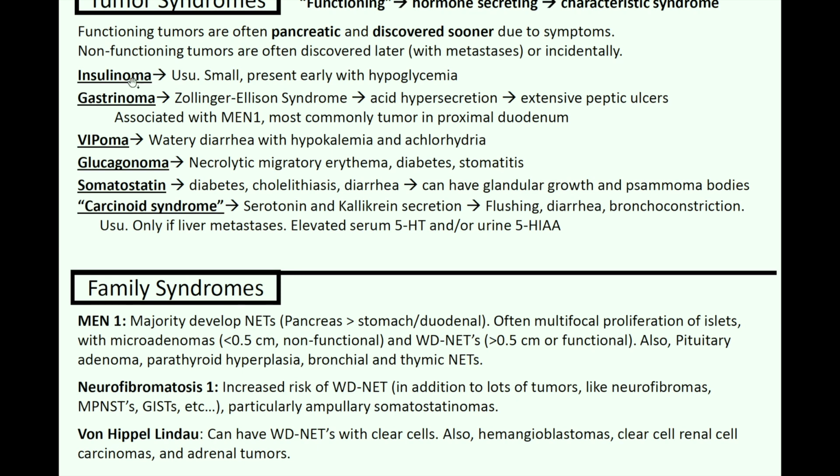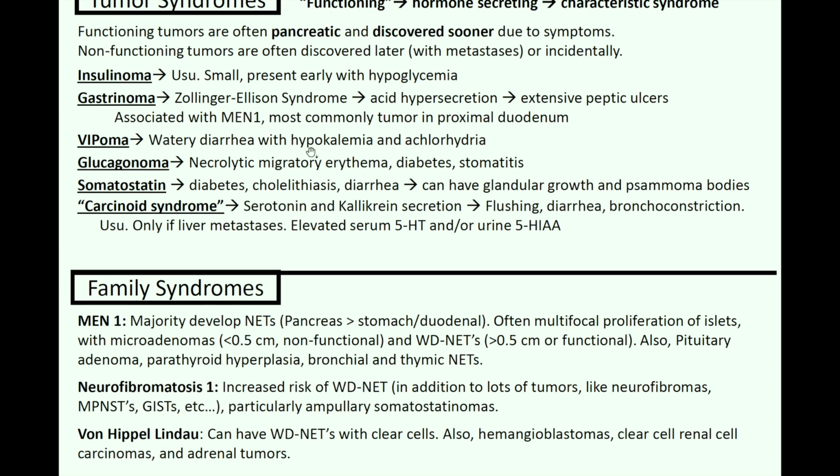For a VIPoma, you're going to have watery diarrhea with hypokalemia and achlorhydria. A glucagonoma, you have necrolytic migratory erythema, as well as diabetes and stomatitis. For somatostatinoma, that's going to lead to diabetes, cholelithiasis, diarrhea, and you can have glandular growth and psammoma bodies.